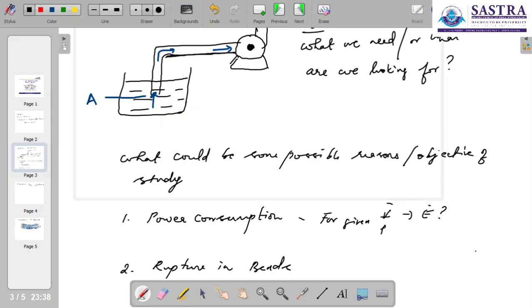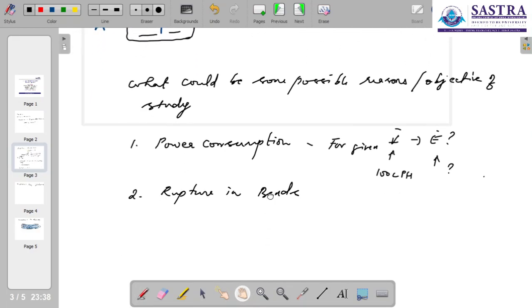Let's say we want to pump 100 liters per hour, how much energy should we supply to the pump, how much energy should we invest on the pump if we need to pump this much quantity through this pipe network. So this could be one possible objective, one reason that we are looking to find an answer in this pipe flow network.